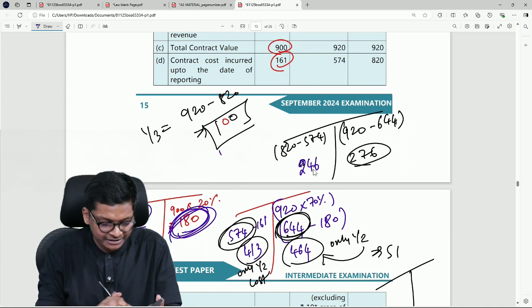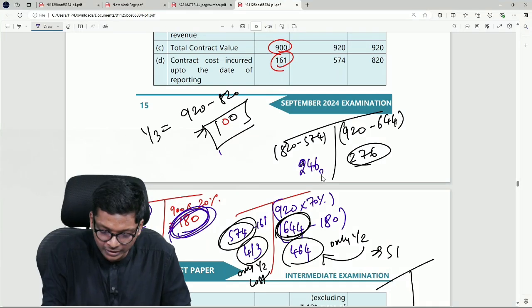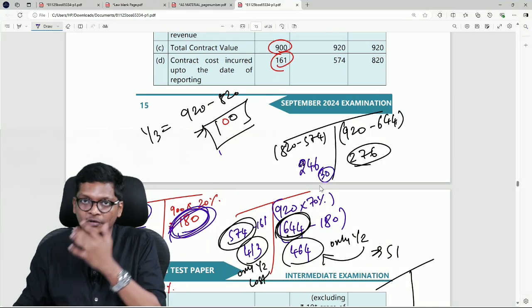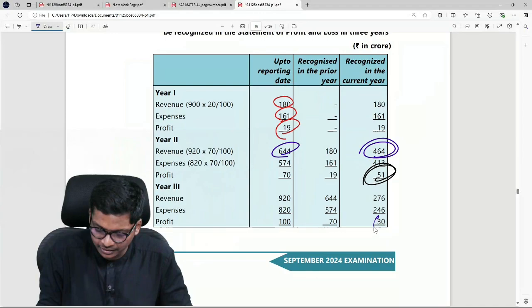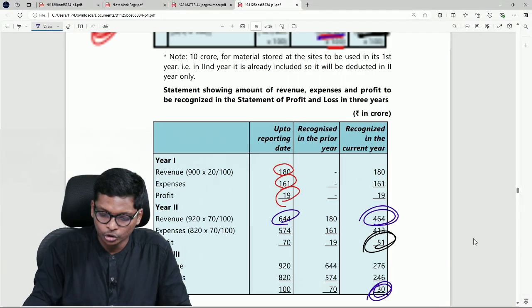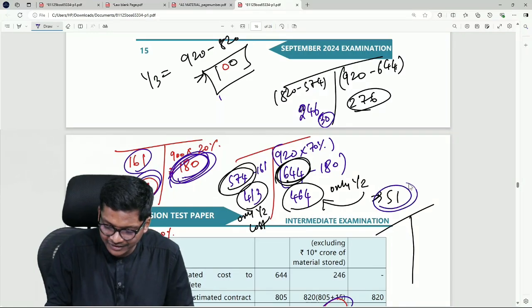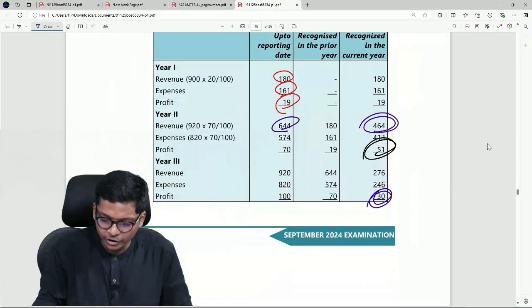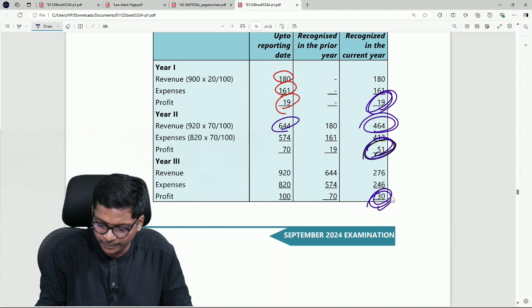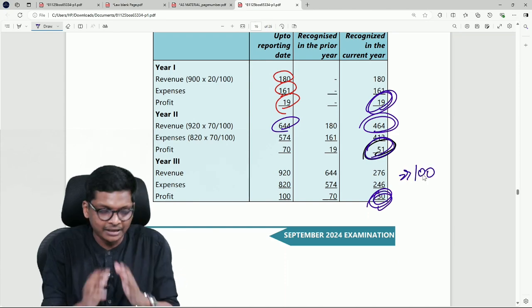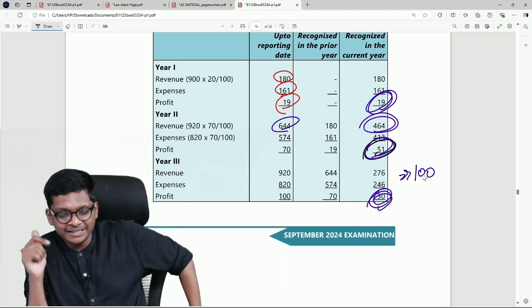So 246 minus 276, you will get 30 as the revenue of year 3. That's what you will get here, 30 as the revenue of year 3. So if you add all the things, 19 plus 51 plus 30, revenue of each year, you will end up with 100, which is split for all these 3 years.